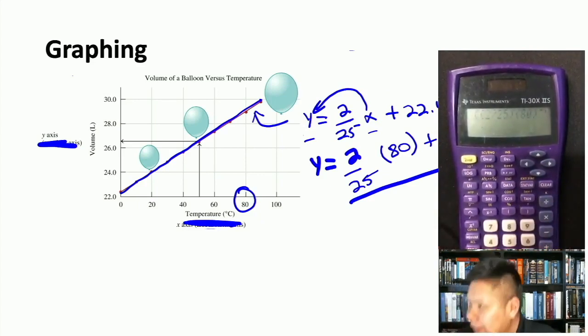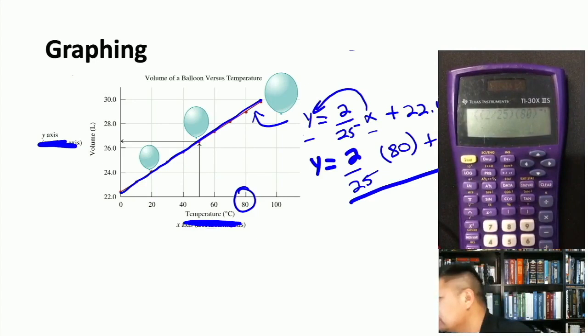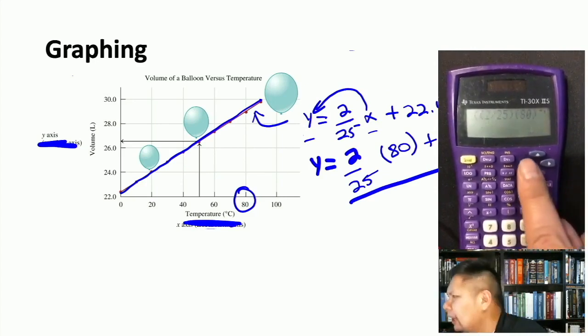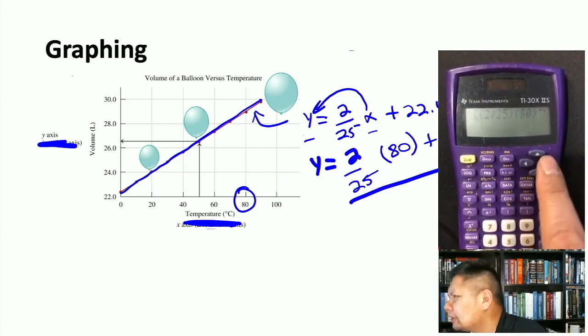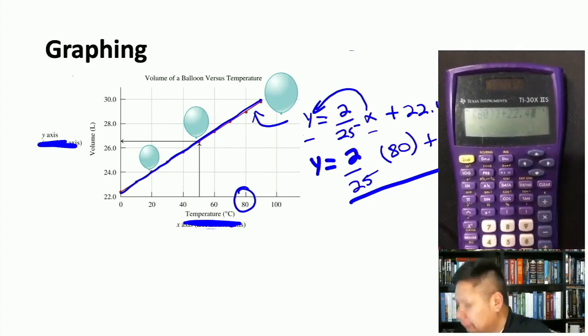There we go. Make sure it does the multiplication first. So there I have parentheses open, 2/25, close parentheses to multiply, and then 80, close parentheses again, and then it does that part first, and then it adds the 22.4. And then we'll hit enter.